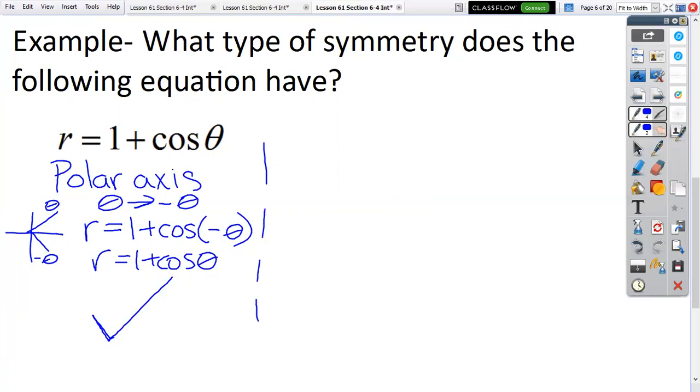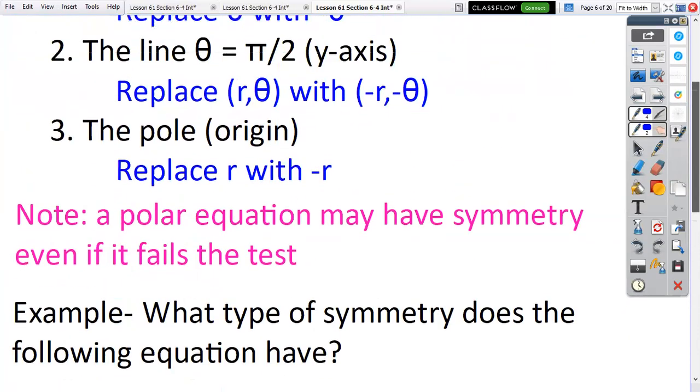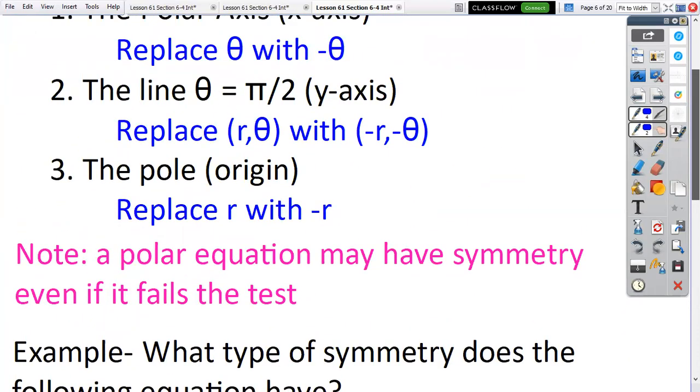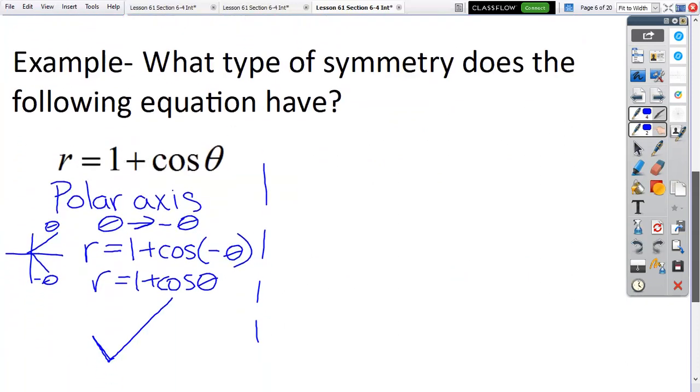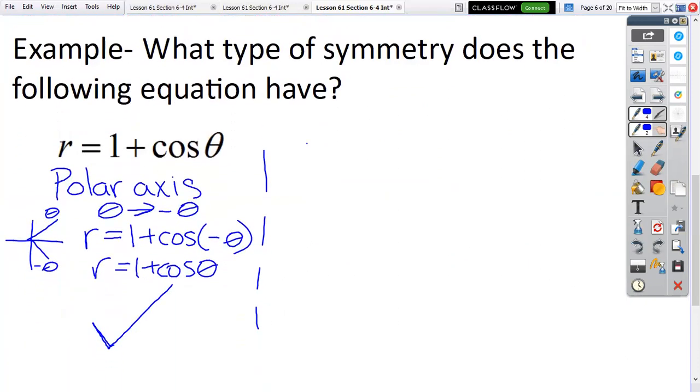All right, let's check the other 2 types of symmetry and see how we do. So our next up in our list, we have pi over 2. That's our y-axis. So theta is pi over 2. We're checking for symmetry there by replacing r and theta with their negative version.